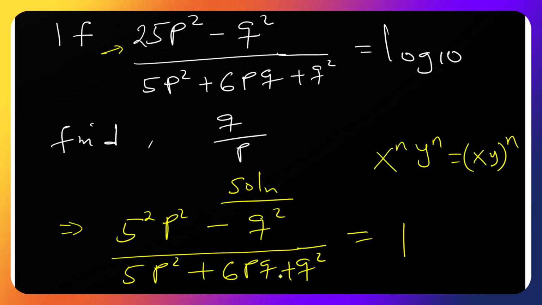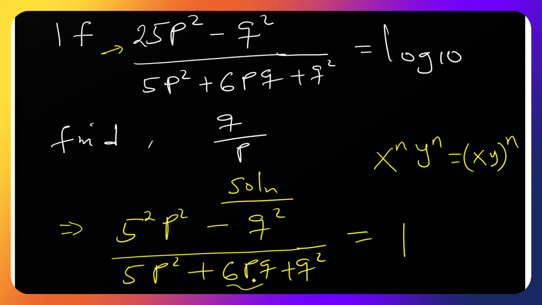Now let's deal with the denominator here, okay? So we have 5p squared plus 6pq plus q squared. So let's write the middle as 5 plus 1 because 5 times 1 is 5. So we need to get 5, 1 here.